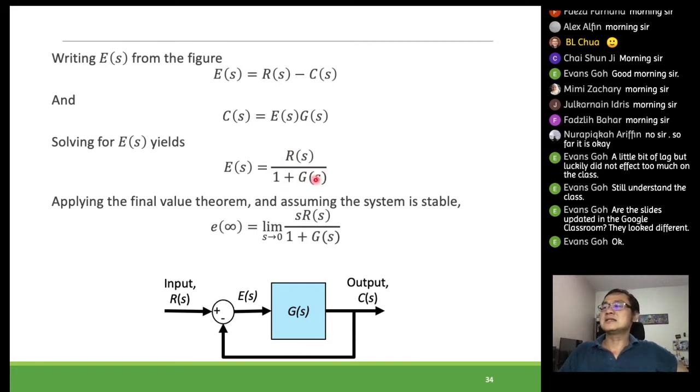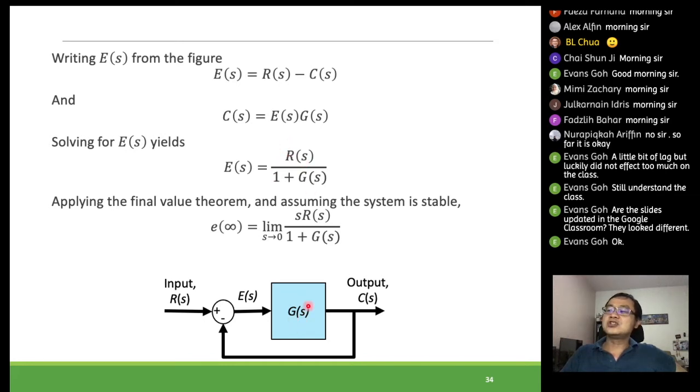So this is our error equation, at the end after we substitute into them and solve them. So you can see that this error equation is now in terms of R and G.